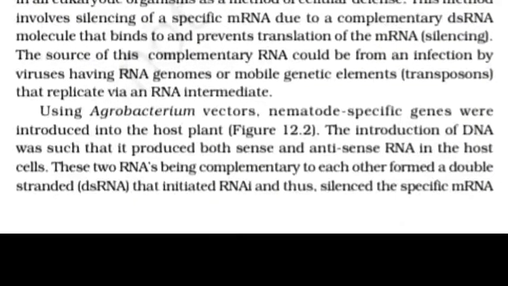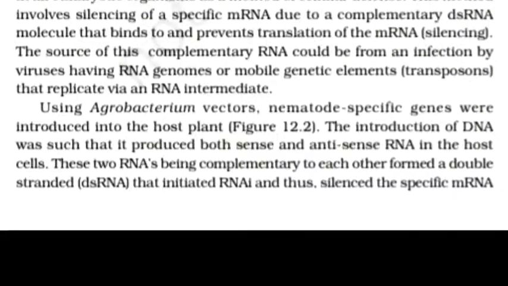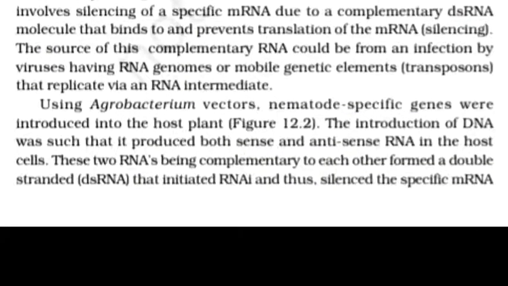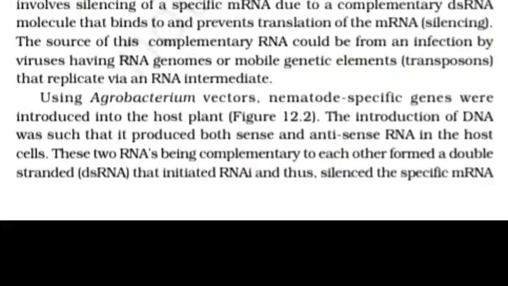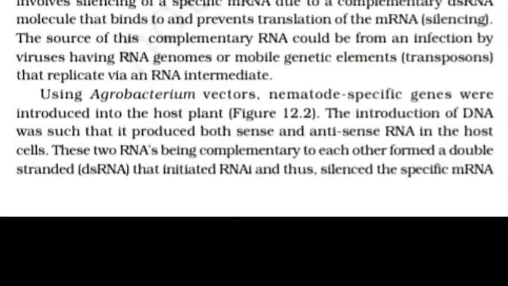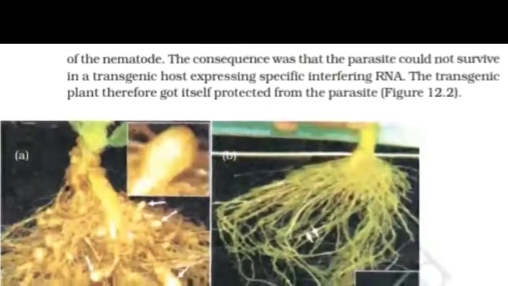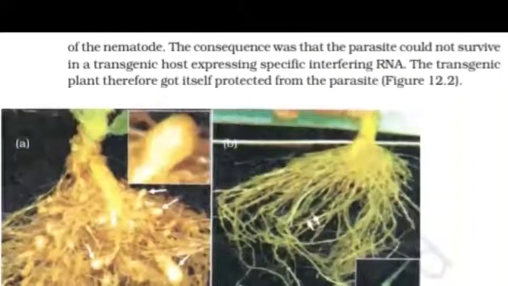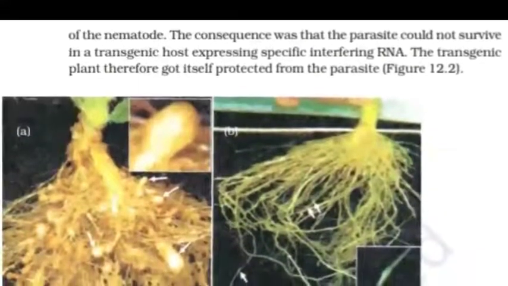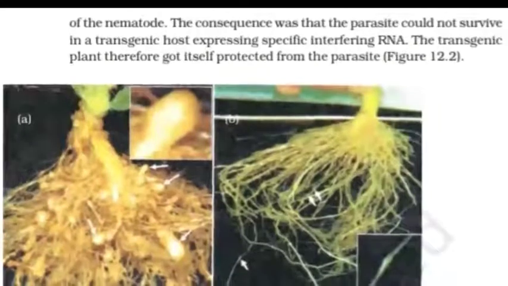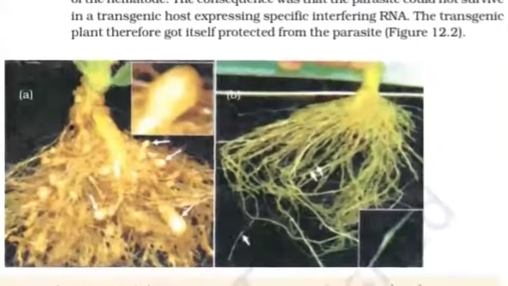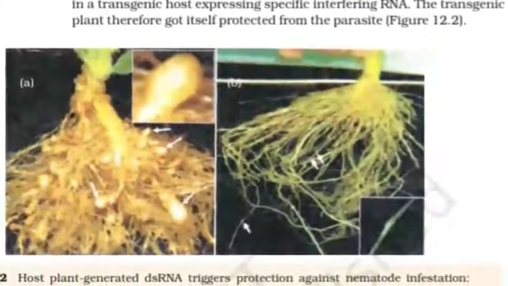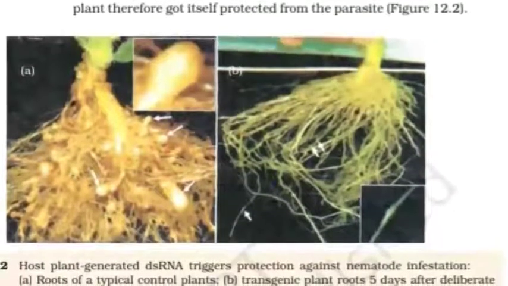These two RNAs, being complementary to each other, formed a double-stranded dsRNA that initiated RNAi and thus silenced the specific mRNA of the nematode. The consequence was that the parasite could not survive in a transgenic host expressing specific interfering RNA. The transgenic plant therefore got itself protected from the parasite.